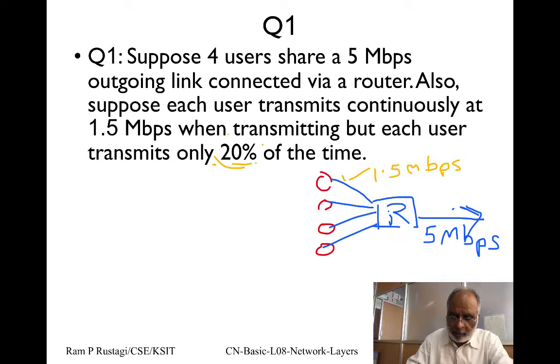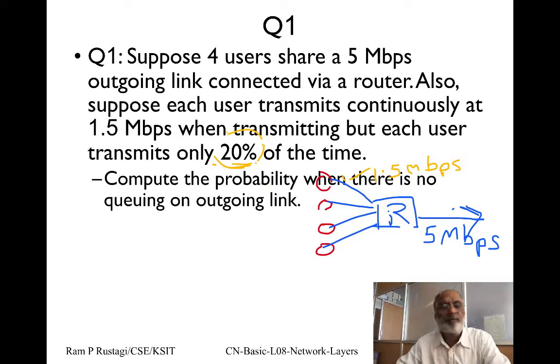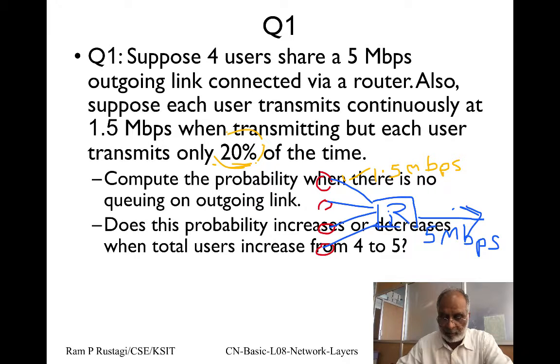So each user transmits 20% of the time, that is what is given. So compute the probability that there is no queuing on the outgoing link. This is the first question. Second part of the question is, if the total number of users increases from 4 to 5, does the probability increase or decrease?